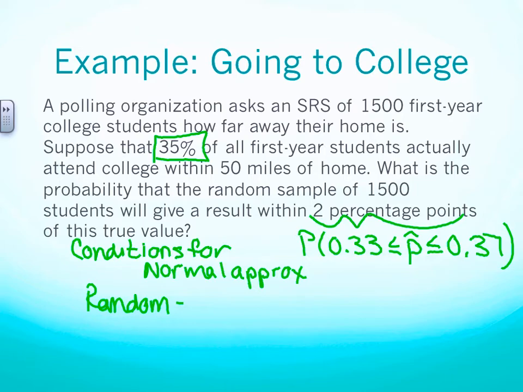They do say that it was a random sample of 1,500. It seems almost pointless to check this because they'll tell you, but you do have to put that when you're checking your conditions. In order to use it, you need to check it. So a random sample, we're good.